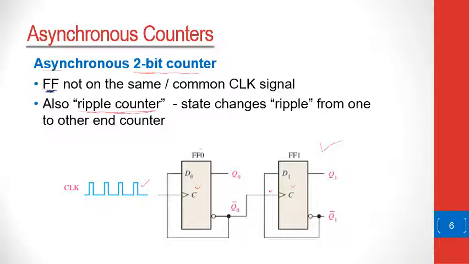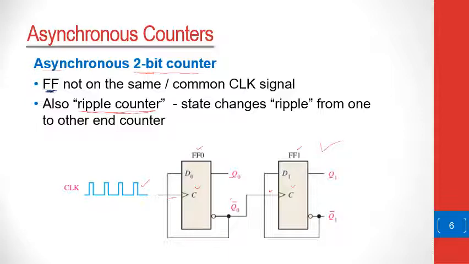Because the state of later flip-flops, like flip-flop 1, is affected by the input of the earlier flip-flops, these types of counters are called ripple counters, because it looks like the input ripples from the clock. The clock influences Q0 and Q0 bar.